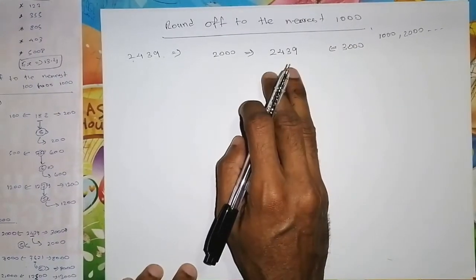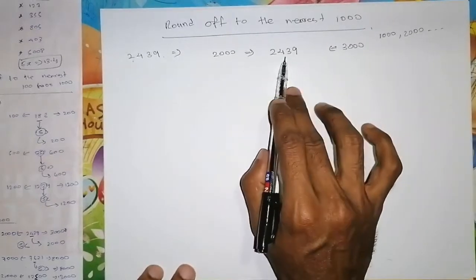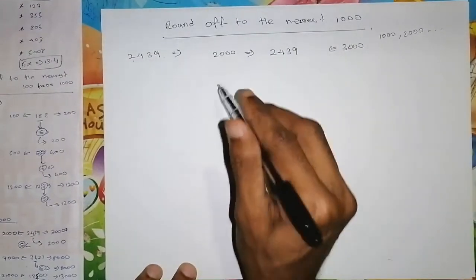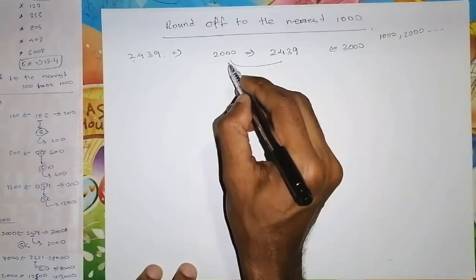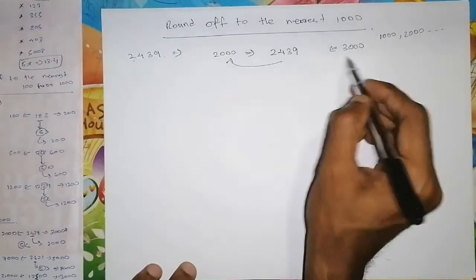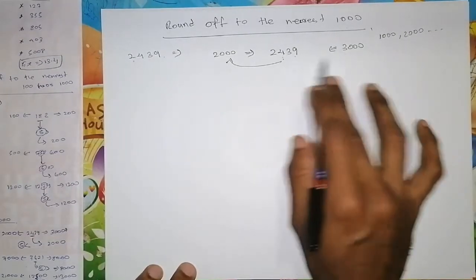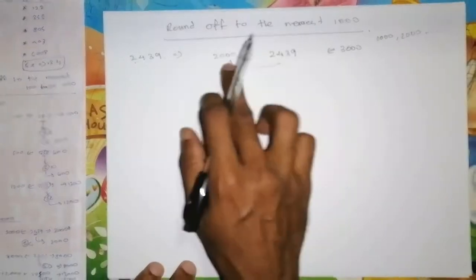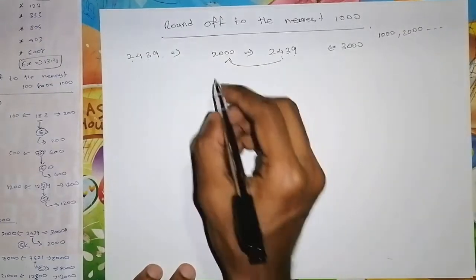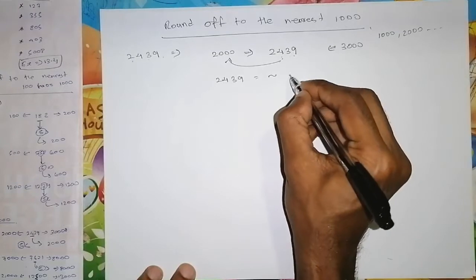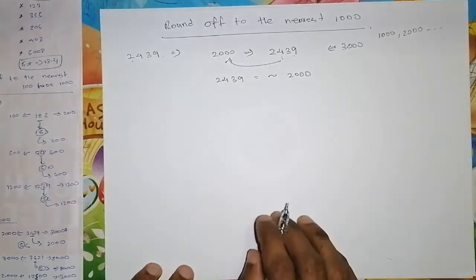The half is 2500, and 2439 is less than 2500. It is not past the half, so it is nearest to 2000. The gap between 2439 and 3000 is bigger than the other gap. So if you round off 2439, it is nearest 2000.